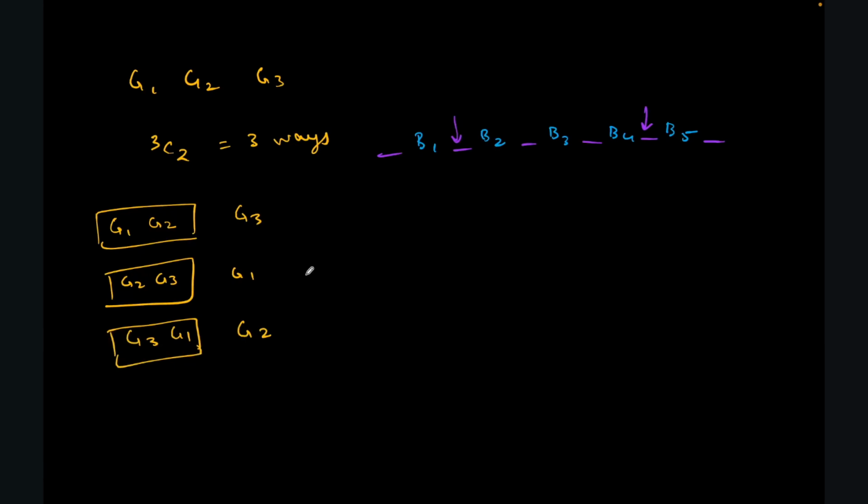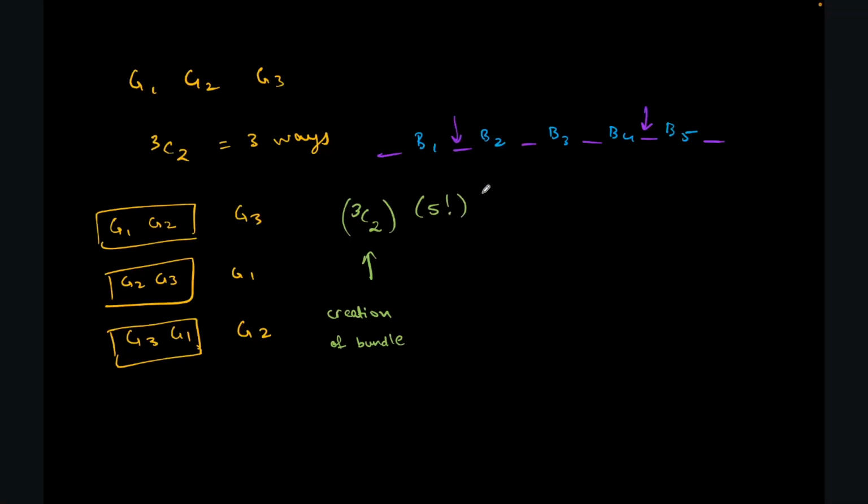Basically, first we have to put in 3C2. This is the creation of the bundle. The fact that the bundle was created is just 3C2. Then we have our 5 factorial for the boys by default.